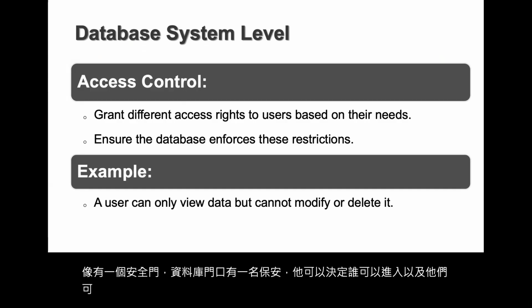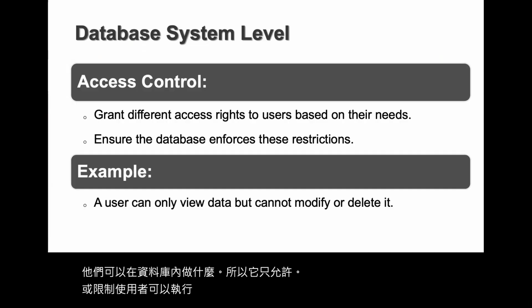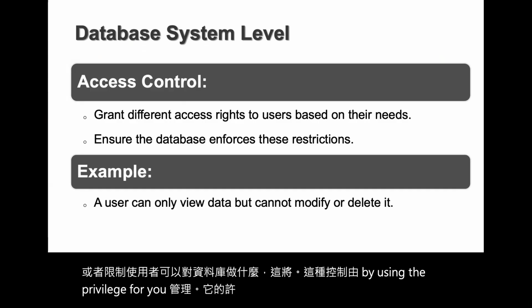So it only allows or restricts what users can do with the database. And this kind of control is managed by using the privileges or the permissions. It's kind of special rights given to the users.